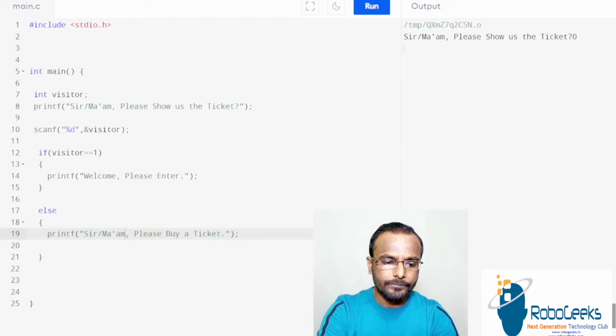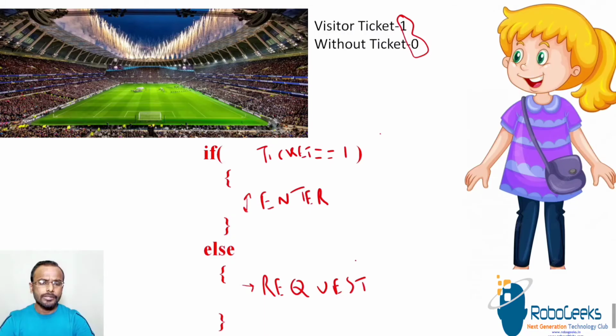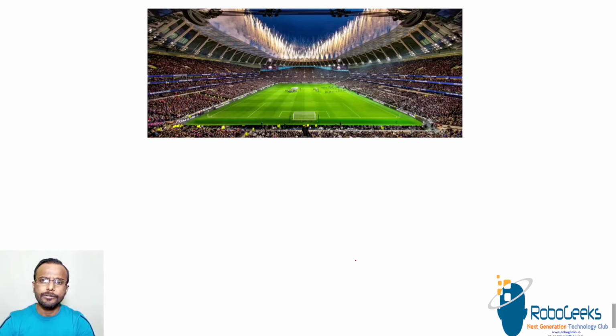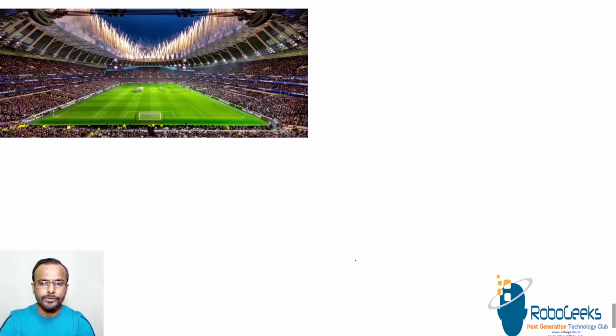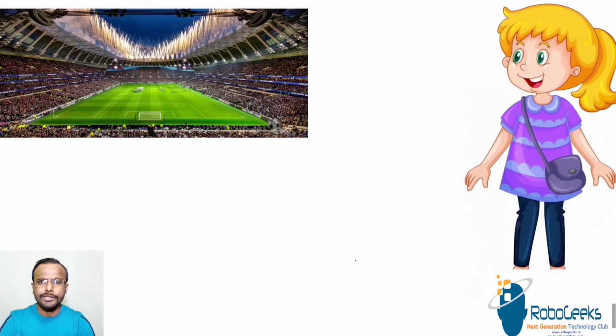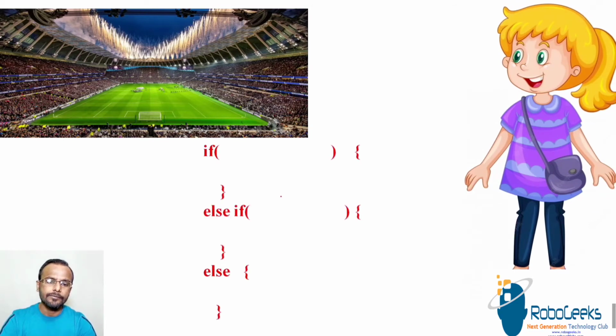Now let us check the other statement. This is the football stadium, and we are the organizers. We already know you are the ticket checker, and this is our other condition. This is else if.